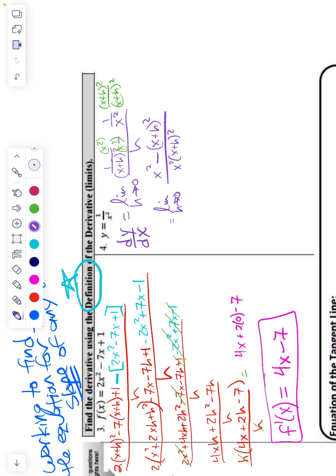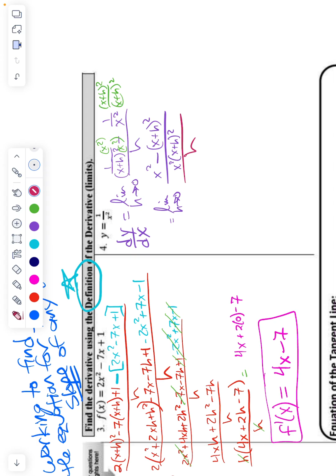Does everybody see where the numerator came from? Okay. All over h. Don't forget that, right? Okay. Please ask me about the numerator if you're having trouble with that. Are we good on it?